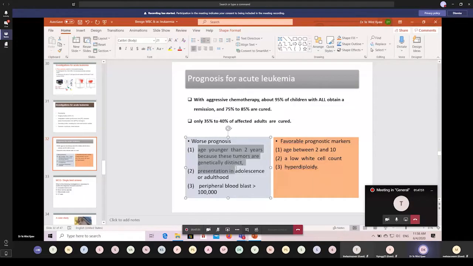If you see this feature in an adolescent or adult, the prognosis is usually poorer. In T-cell ALL, patients almost all the time die. B-cell ALL patients also die, but they can live a longer duration. T-cell is more aggressive; they can die within a short period.